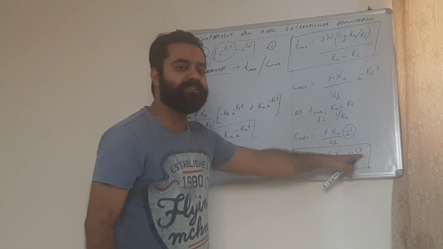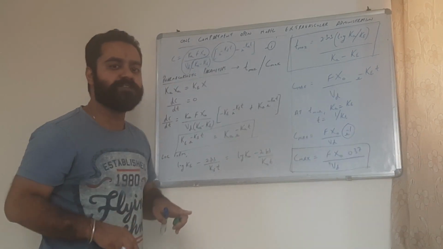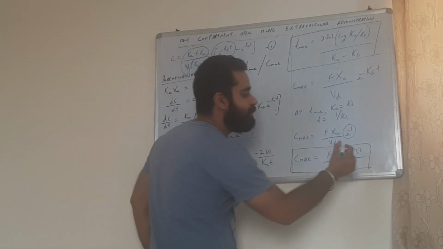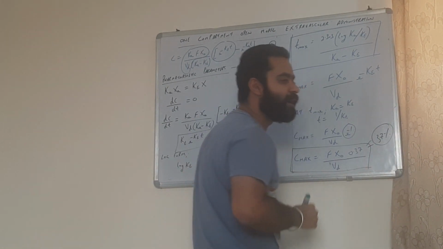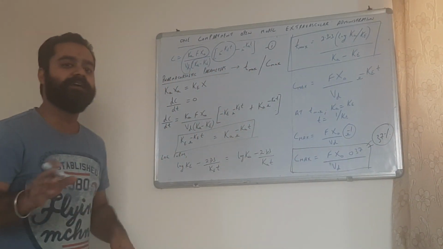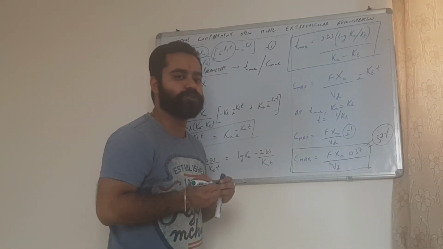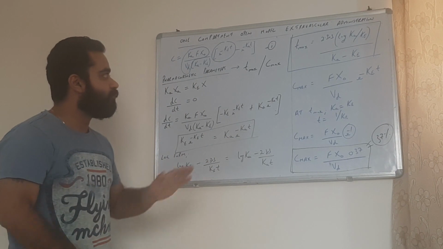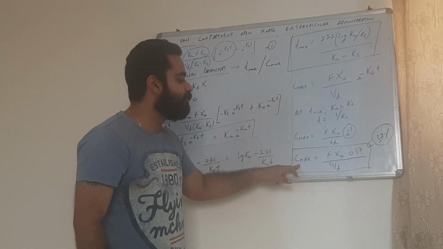Now, this 0.37 is the fraction of the drug which is absorbed systemically, which can be correlated to 37% of the drug being absorbed systemically as compared to 100% of intravenous administration. Okay, so for this time we have the value of Tmax and the value of Cmax.